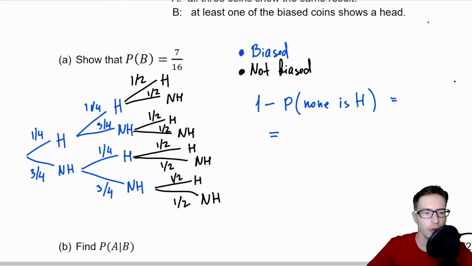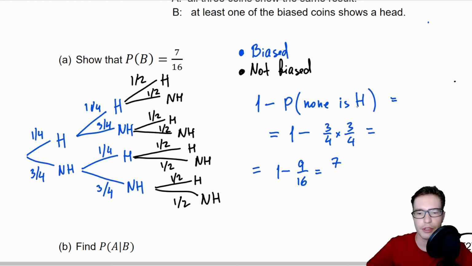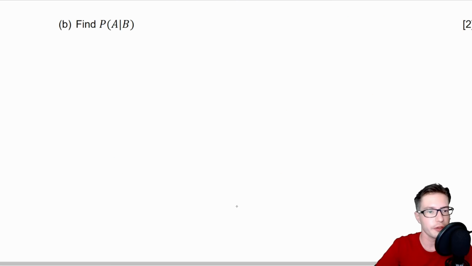And it can happen only in one way. Not head and not head. So it's 3/4 times 3/4. And then subtract the result from 1. Which is 7/16.